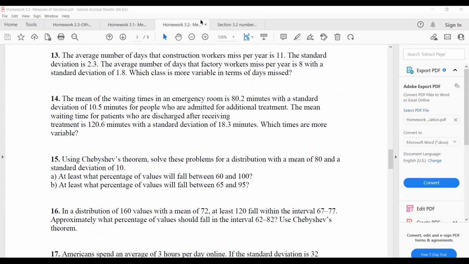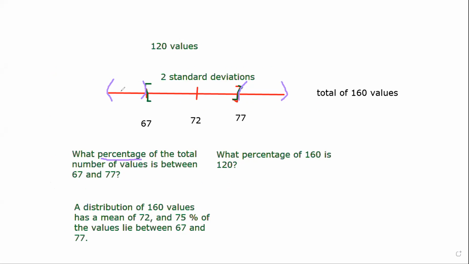So somewhere back here we have 62, right? And we have 82 over here, don't we? Now, keep in mind that we know something.